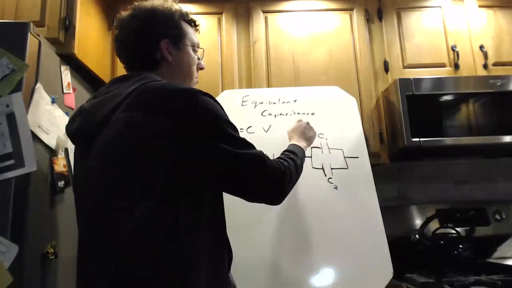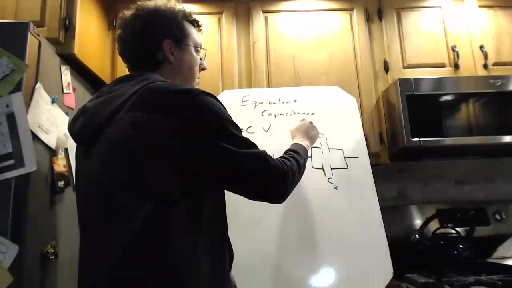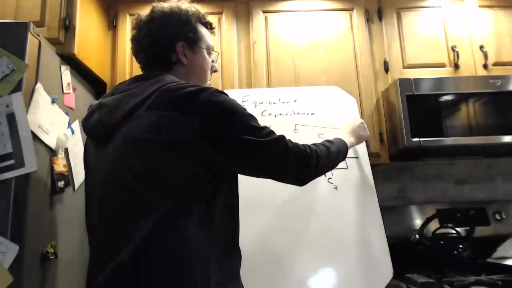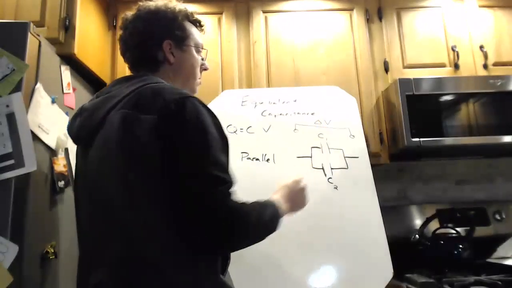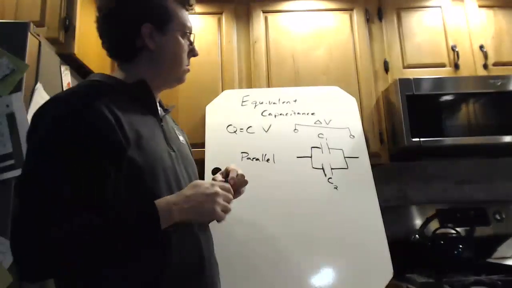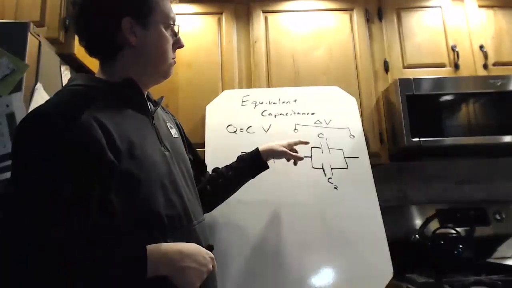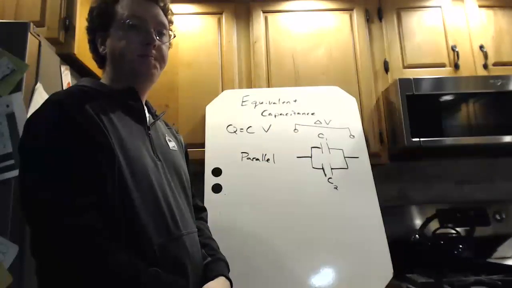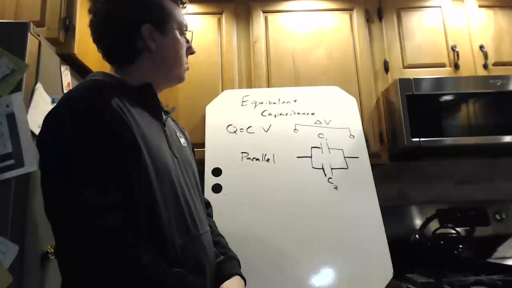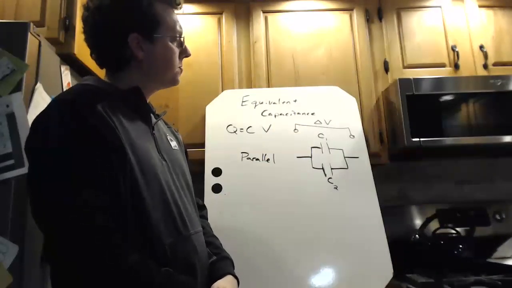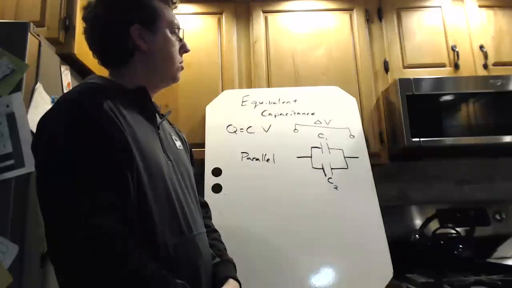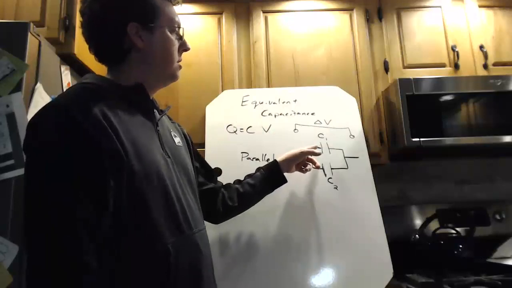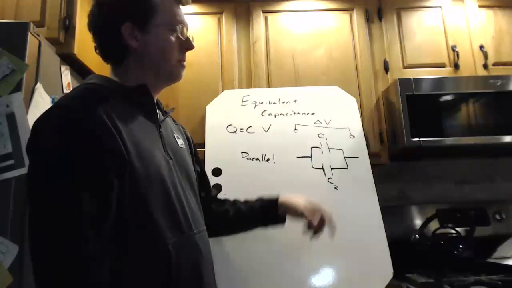But what we know, or what we can assume, is that the difference in voltage between the two sides is some amount. All right? So think about what would happen. Before you apply this voltage, you could imagine that there was no charge on the capacitors.